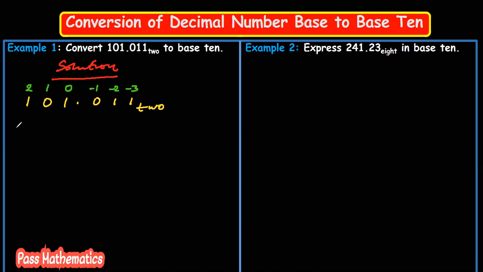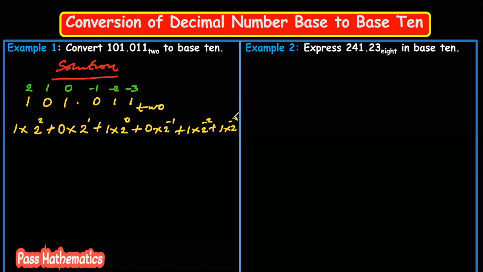So we are going to have 1 times 2, the base is 2, raised to the power of 2, plus 0 times 2 raised to the power of 1, plus 1 times 2 raised to the power of 0, and then plus 0 times 2 raised to the power of -1, plus 1 times 2 raised to the power of -2, and then plus 1 times 2 raised to the power of -3.